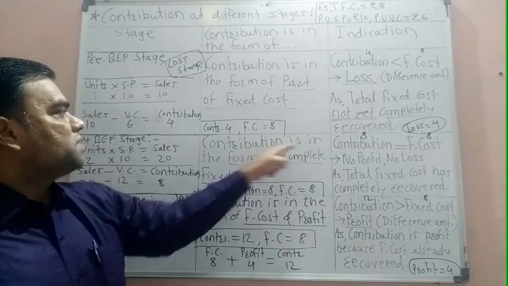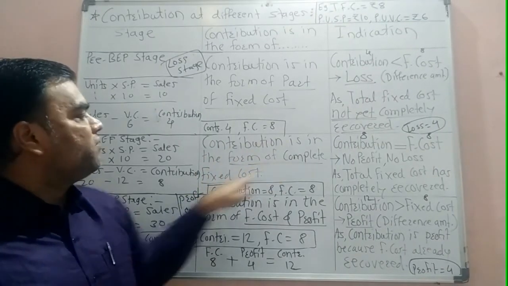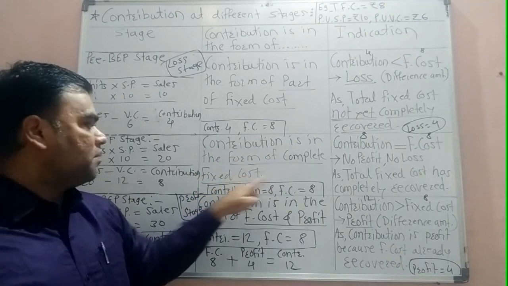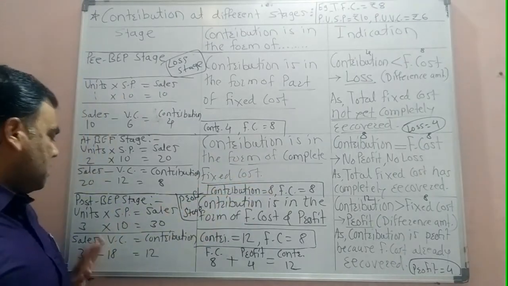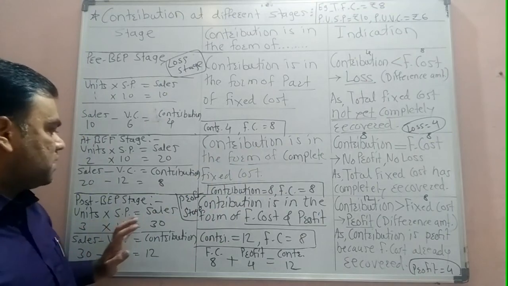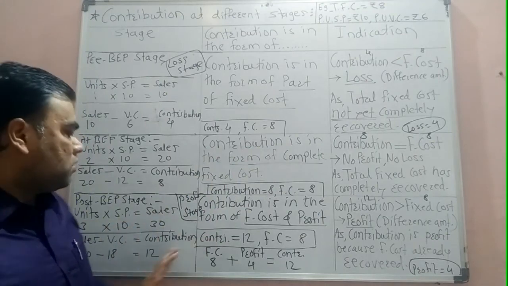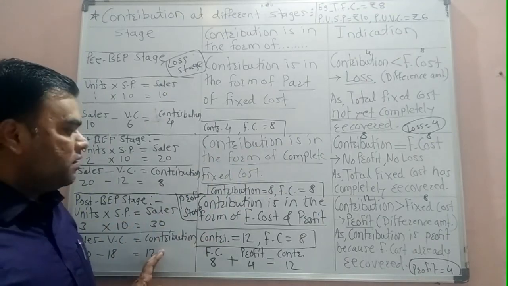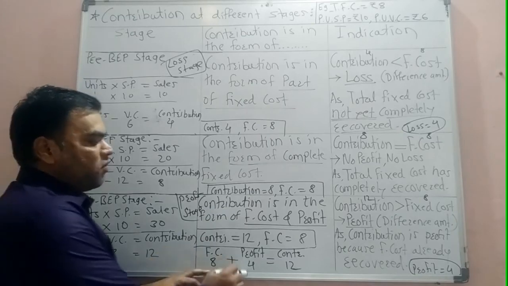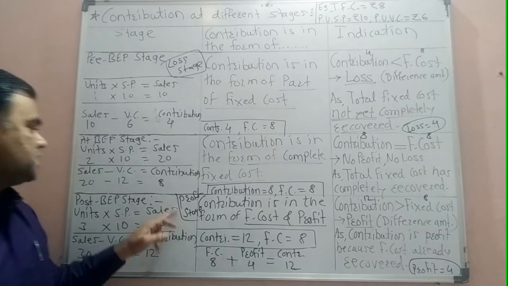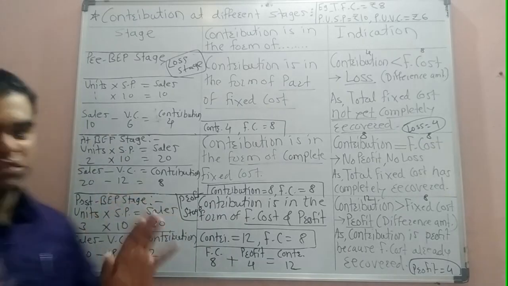So contribution is in the form of complete fixed cost. We have recovered complete fixed cost. Then when we sold 3 units, contribution was rupees 12. So out of rupees 12, recovered fixed cost is 8 and profit is 4. That's why this stage is known as profit stage.